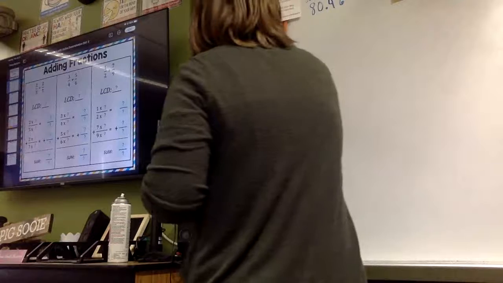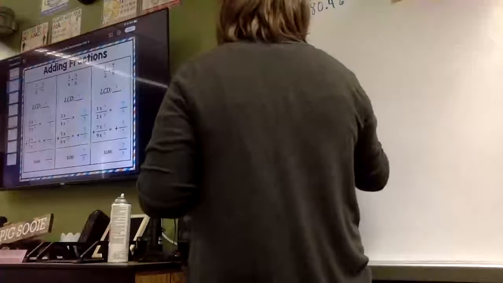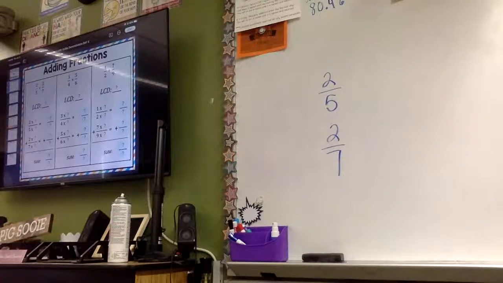So this one we have 2/5 plus 2/7. 2/5 plus 2/7. What do I notice about those two denominators? Number one, they're not the same. Number two, they're not what? Even. They're not even. So what does that mean about those two?